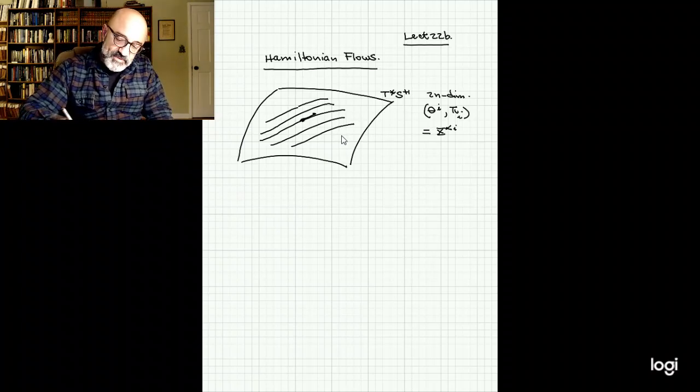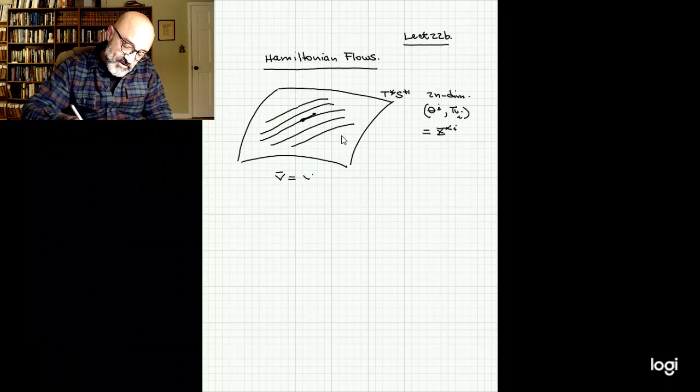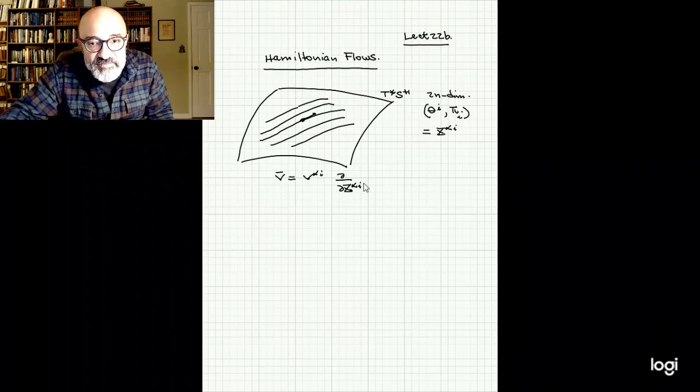So what we have done there is we've taken a vector field that has components, and these are the basis vectors, it has components.